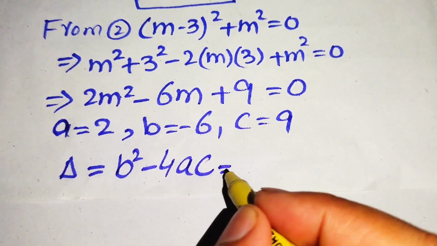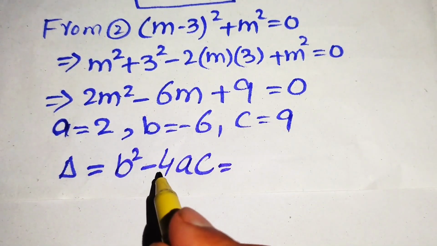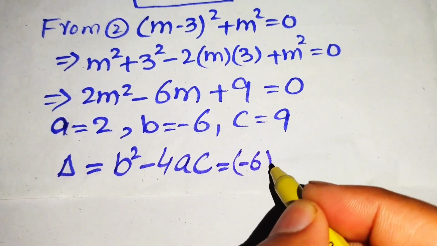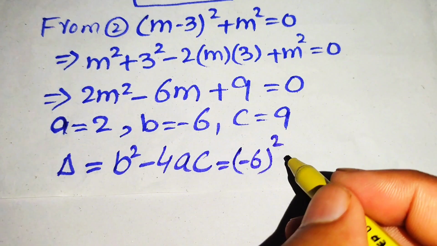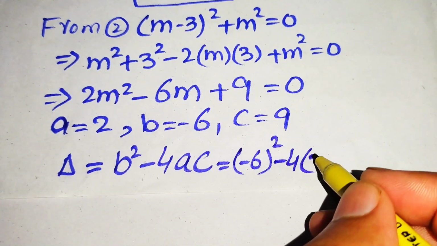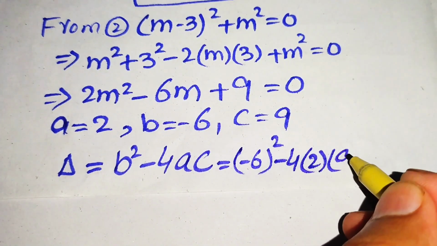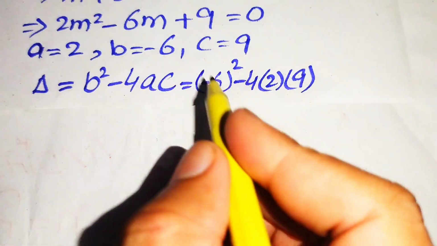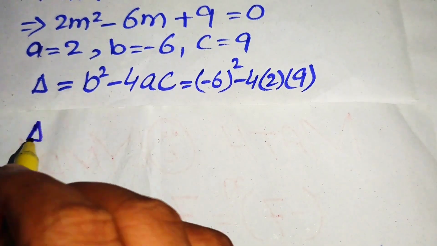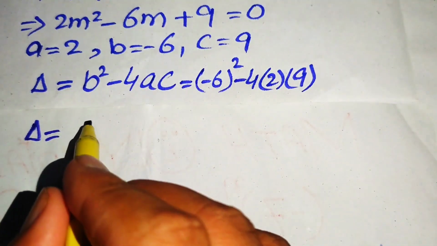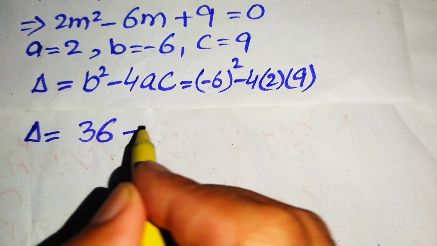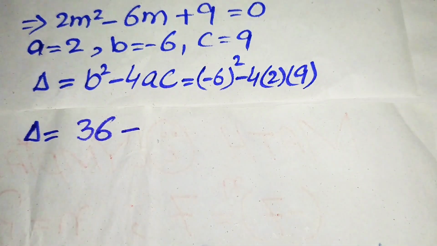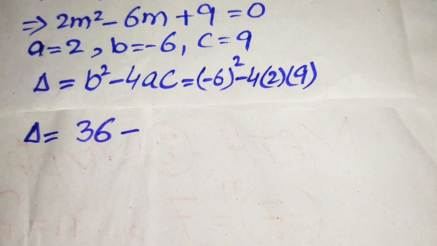Now we substitute the values of a, b and c here. This is b square, and our b is minus 6, so it becomes minus 6 square, minus 4 times a, which is 2, and c is 9. After that we simplify: minus 6 square equals plus 36, and 9 2s are 18, and 18 4s are 72.